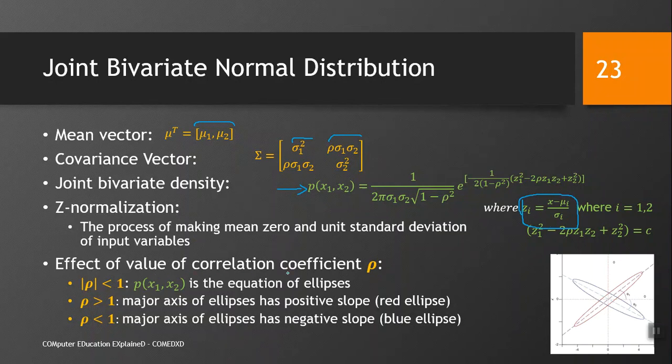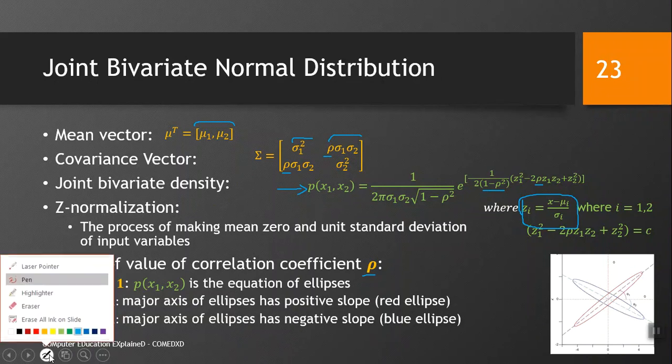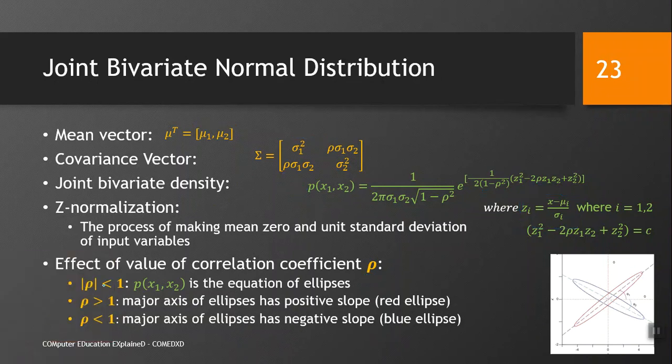Effect of values of the correlation coefficient rho that we have been using here and here. The correlation coefficient is also being used over here and here. This is a value that we use, right, and if the absolute value of rho is less than 1, it means that P(x1, x2), the joint probability distribution, is the equation of ellipses.